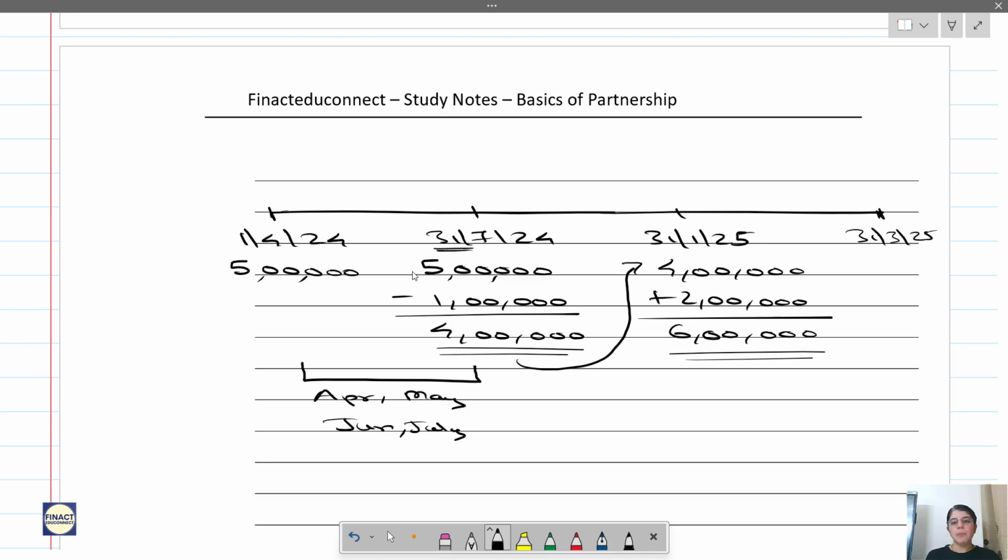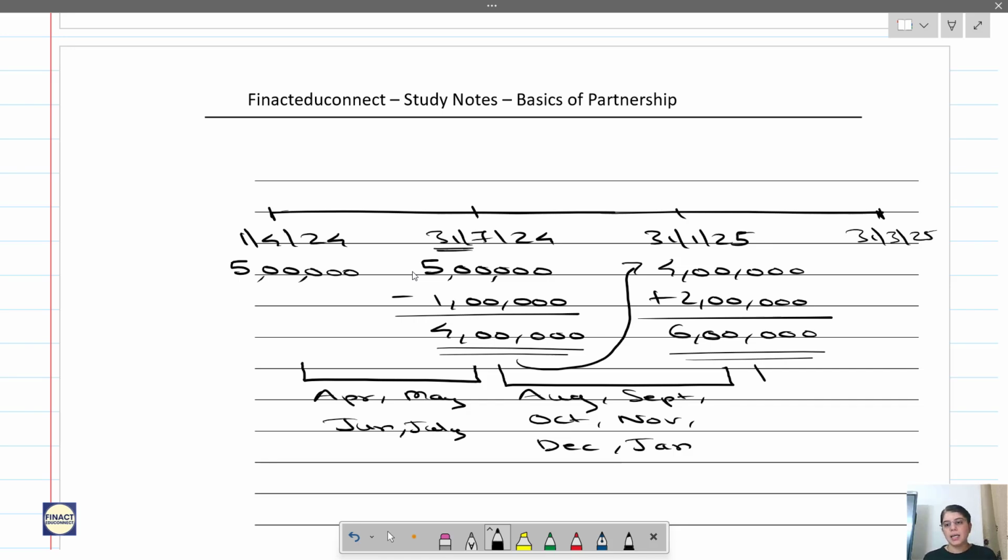Now the balance of 4 lakhs was there from 31st July to 31st Jan. So July we are not considering over here. So full months: August, September, October, November, December and Jan, because at the end of Jan it has changed to 6 lakhs. So Jan was also 4 lakhs.